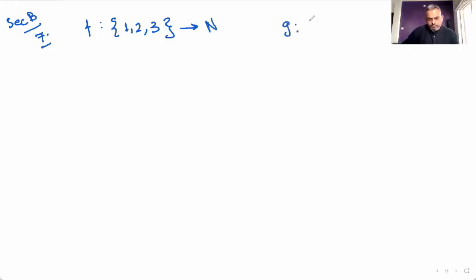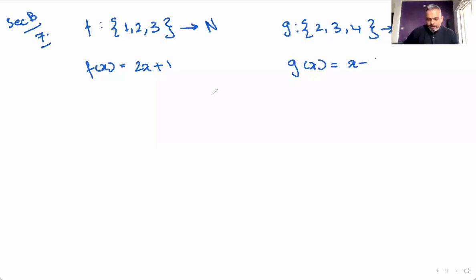So section B, seventh one. Function f is from set 1, 2, 3 to n, and function g is from 2, 3, 4 to n. F of x is equal to 2x plus 1 and g of x is equal to x minus 1.